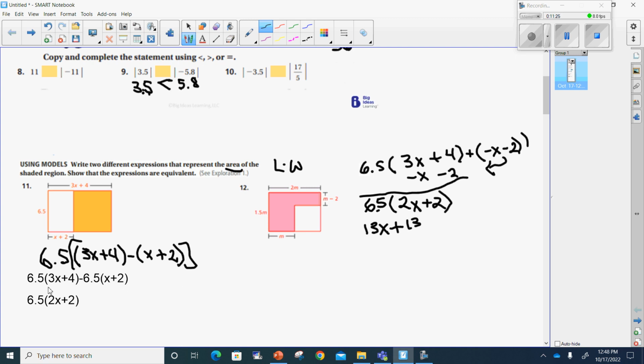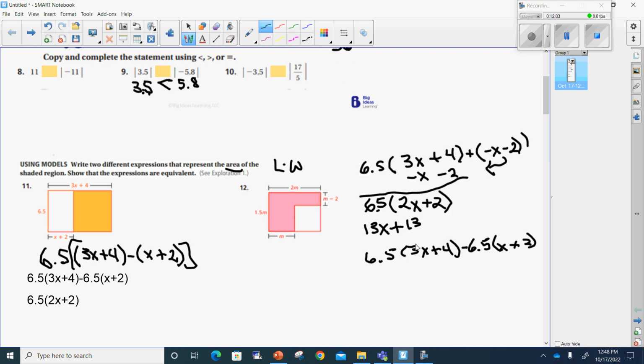All right, now if I was to solve this one, this would be 6.5 times 3x plus 4. I'd be minusing 6.5 times x plus 2.